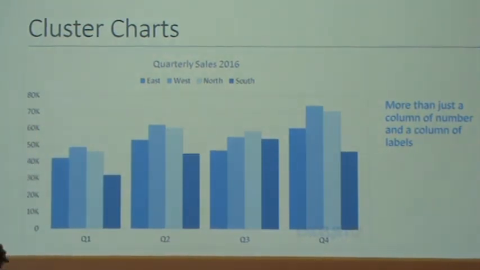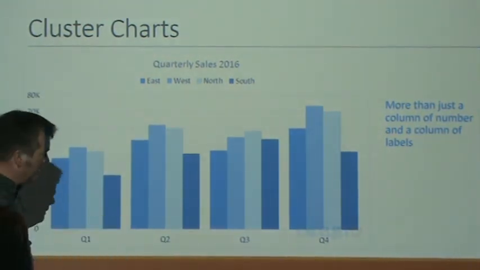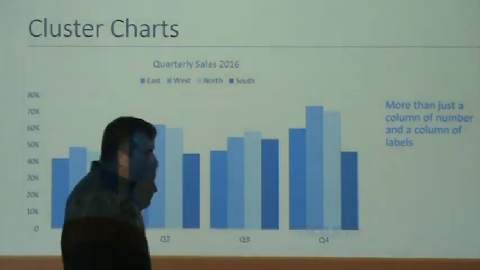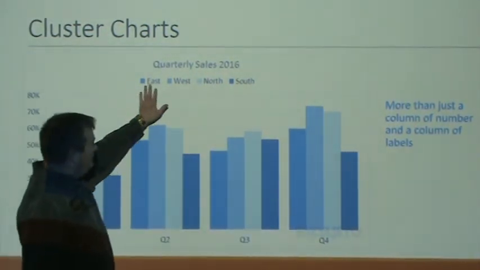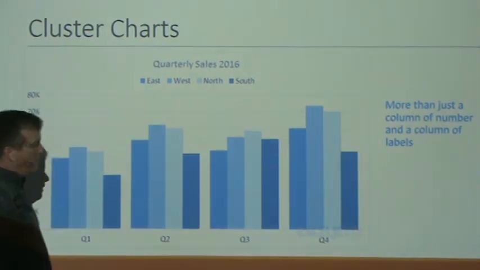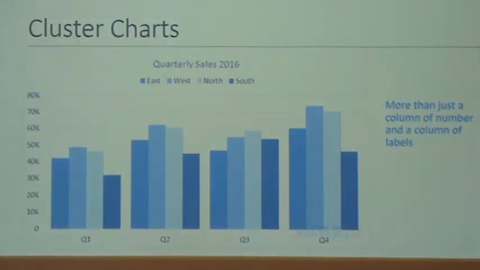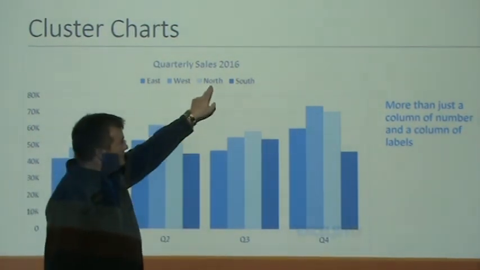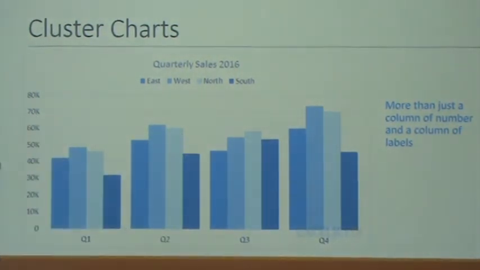So we might want to see these as a pie chart. So have one dimension being time, and another dimension being east, west, north, and south. And a third dimension would be for each of the quarters, what do each of these dimensions have as values? So now we have to do clusters of data and line them up next to each other.